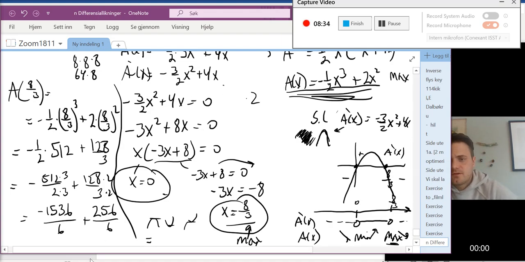Yes, sorry, I forgot to divide by 27 here. Divide by 27, so this should be 27 here, forget about this. 27 it says here. And then I have to multiply by 9 here. So what do I get? This was exhausting.